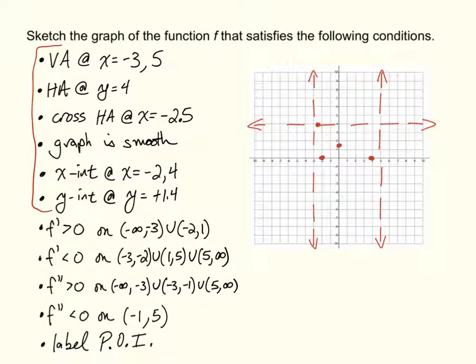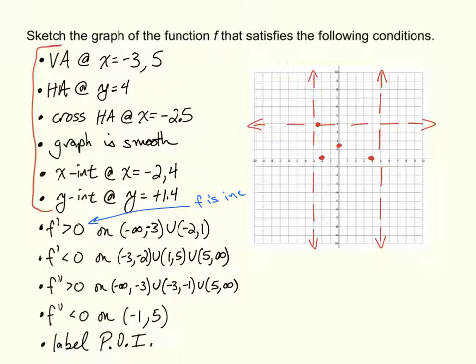Now down here at the bottom, I'm going to section off the graph in blue based on the first derivative intervals over here. So we can find out where this graph is increasing or decreasing. One thing to remember is that if the first derivative is positive, that means f, the original function, is increasing.